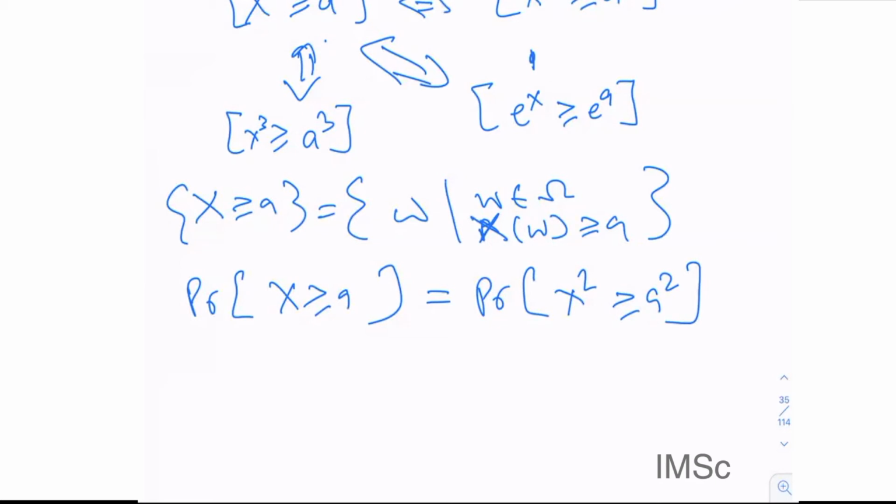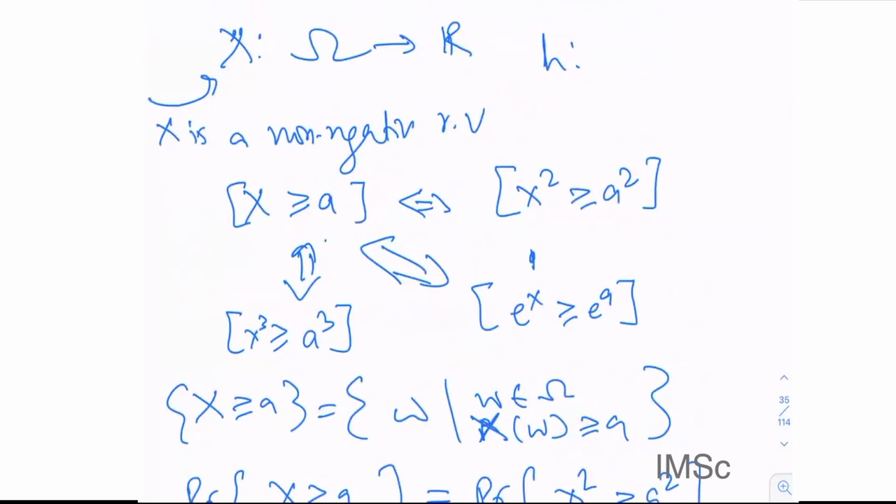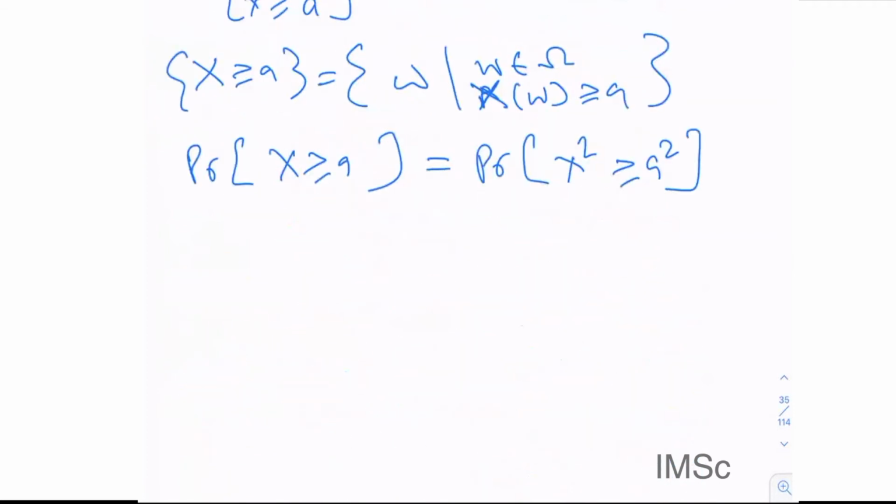Now, how do I understand that? So I said, look, these new functions, x square, e power x, are a new set of random variables defined over the same sample space omega, right? Every random variable x is defined over omega and PR.